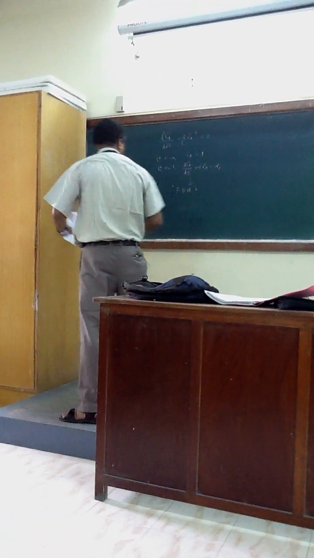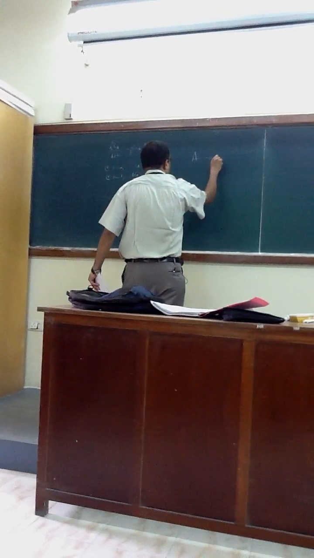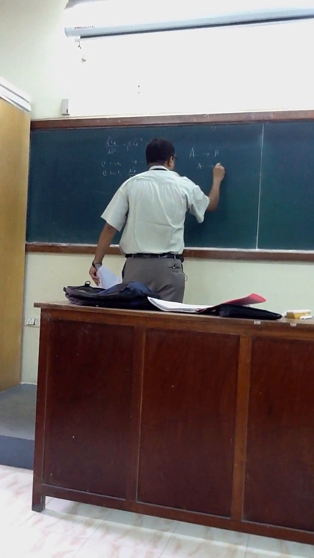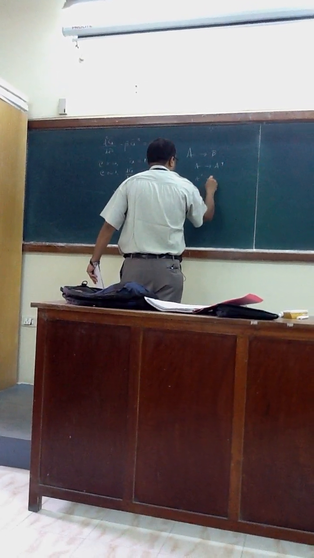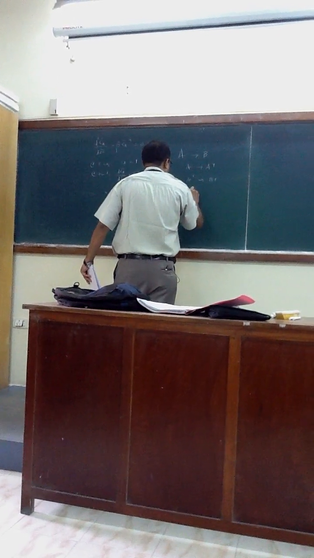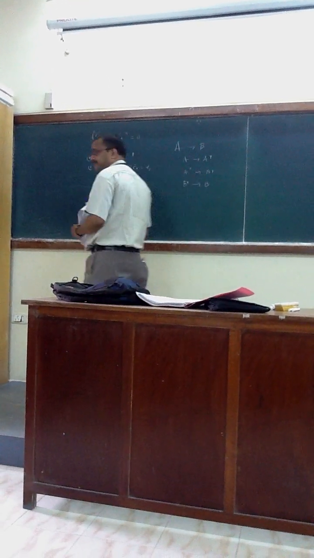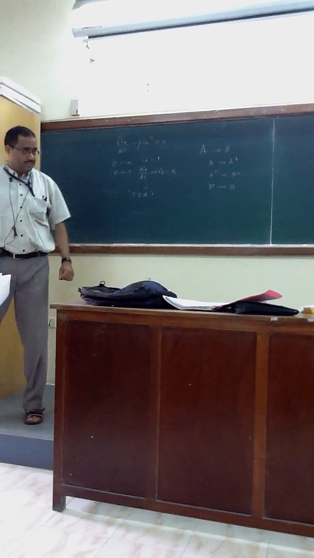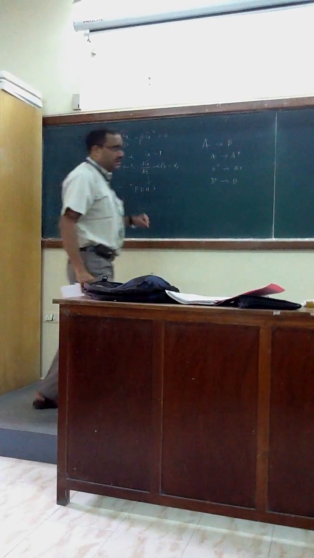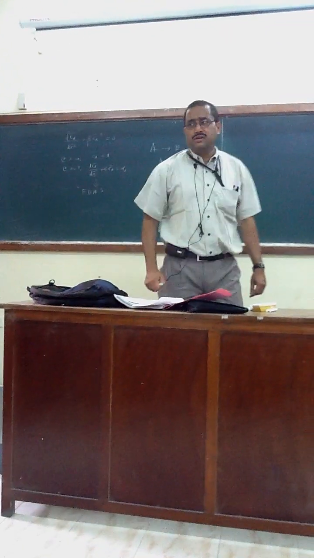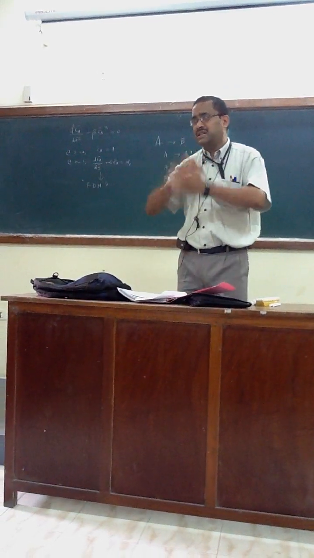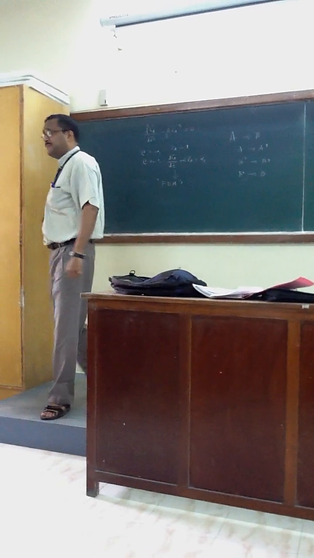That means A going to B is not a simple step. Now it becomes A going to A star, A star going to B star, and B star going to B. Three-step kinetics, this kind of kinetics you have seen. For this kind of kinetics, it is not K Ca to the power n, it's K by 1 plus K, something like that. This kind of kinetics will make the system very complicated.